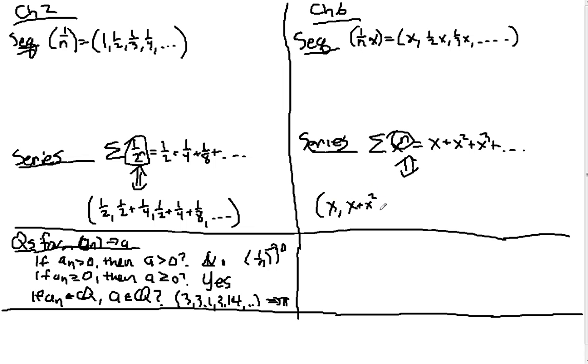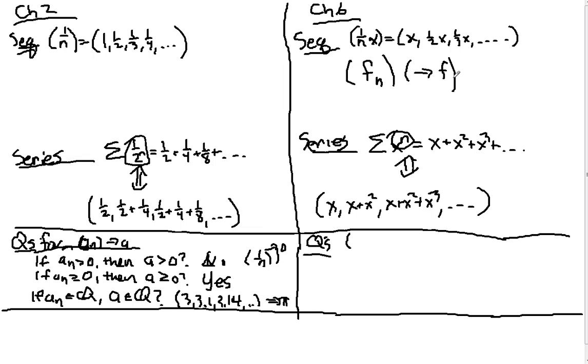So we get a whole bunch of nice finite polynomials in this case, and so we can deal with these. And we are going to ask similar questions of these functions. Oh, by the way, the normal notation we'll use is f sub n, and then it might go to f if it converges.